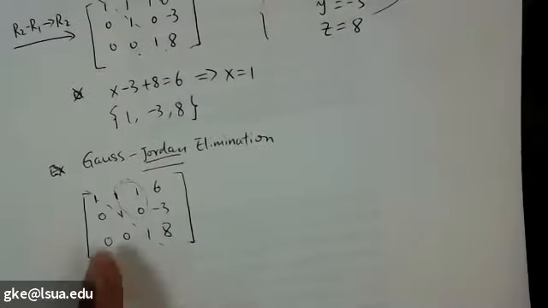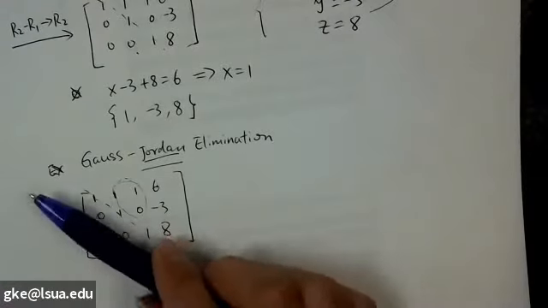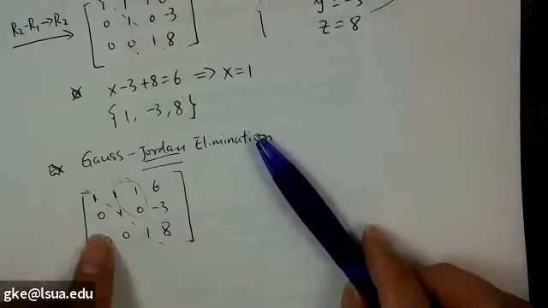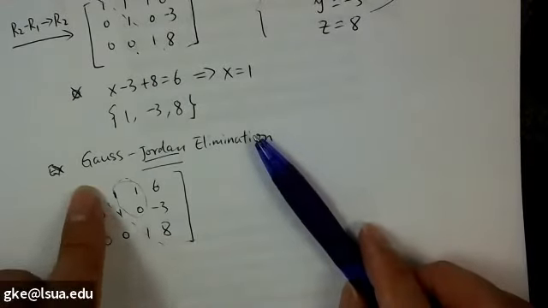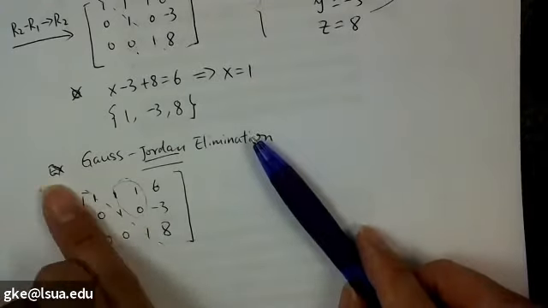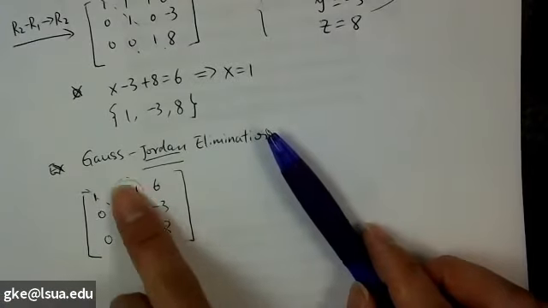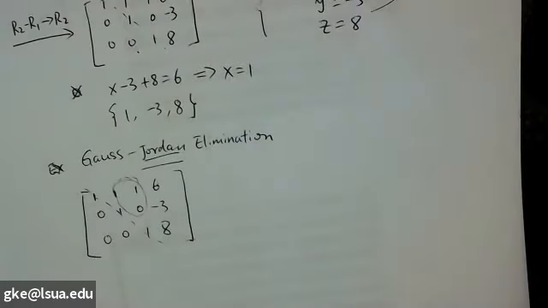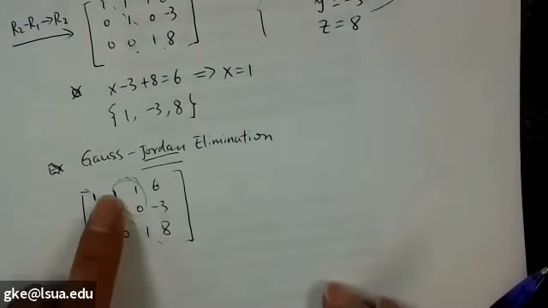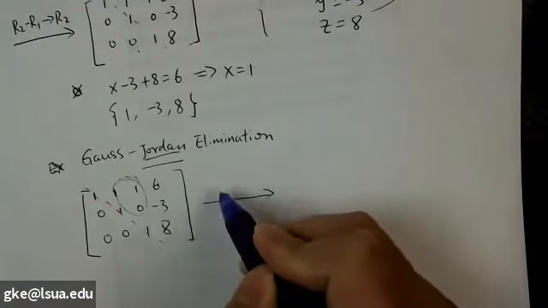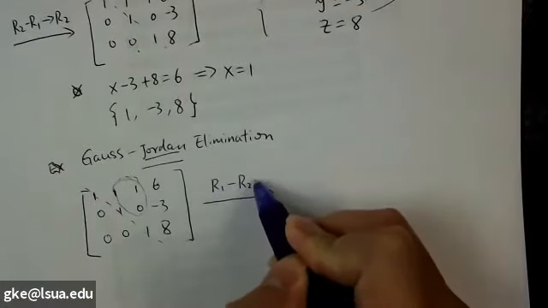Very similar for the Jordan elimination. We already got this upper triangular form, right? Because there's a bunch of 0s below the diagonal. We want the elements above the diagonal to equal 0. So how do we eliminate this element? The first row subtract the second row.